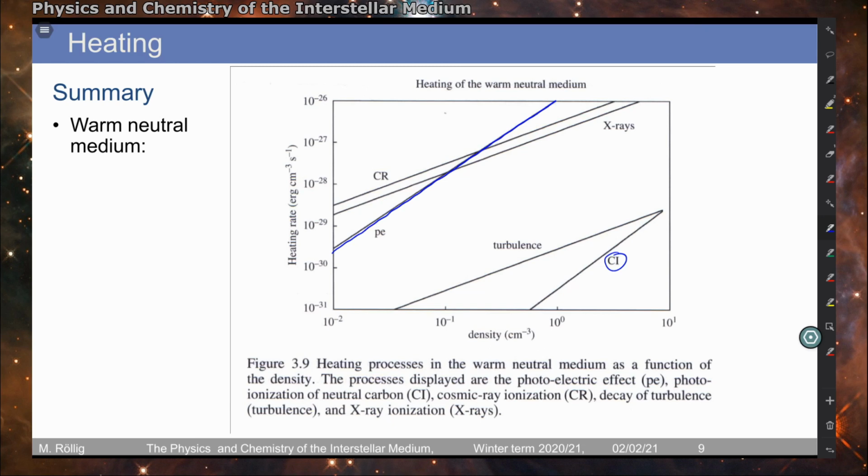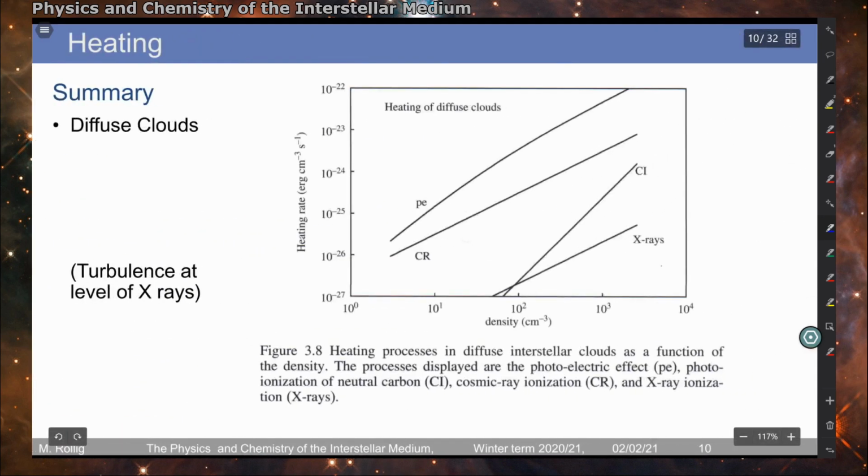When we move to the denser regimes, so we extend the plot on the right hand side, here's the density, and move into the diffuse cloud regimes, we already saw that the photoelectric heating is now more efficient than the cosmic rays.